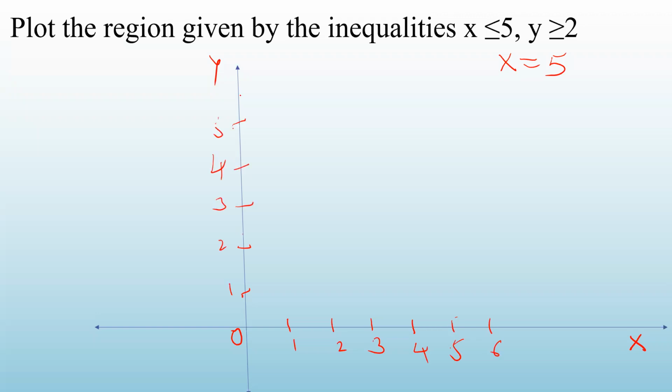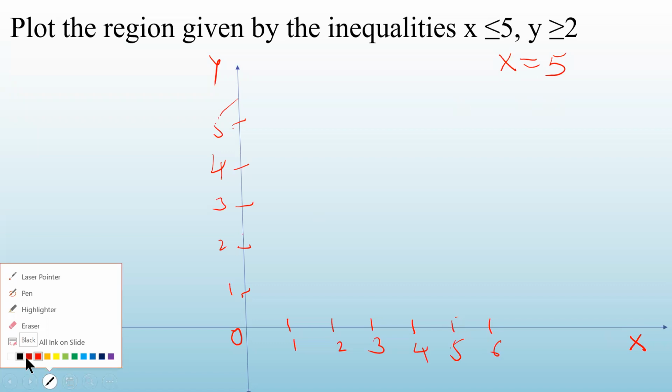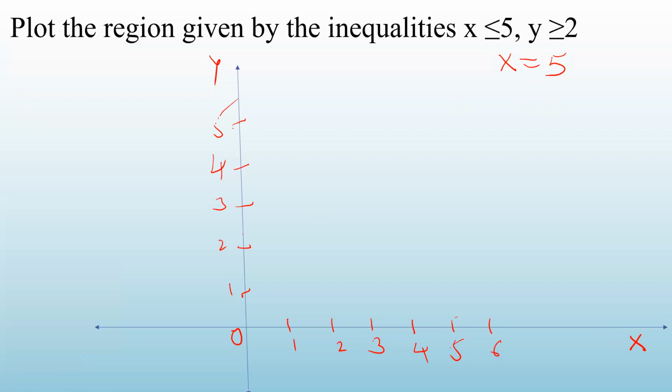Okay. So draw the line x equal to 5. Where is x equal to 5? This is my x-axis. x equal to 5 means here. So which line will it be? It will be the line which is parallel to which axis? Y-axis. So x equal to 5, it is this line.